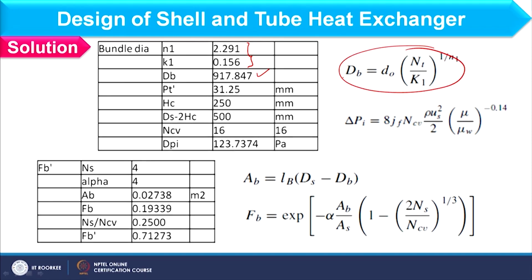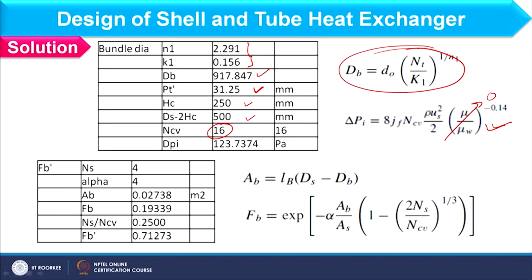So, there is nothing new, you have already used this expression many times before. PT dash you can also consider as equal to PT, because I have a square pitch now. So, HC value you can consider as 250, DS minus 2 HC you can find as 500, and the NCV value based on all these you can find as 16, which is basically the total number. So, you do not have to do anything, you should consider NCV 16 directly.